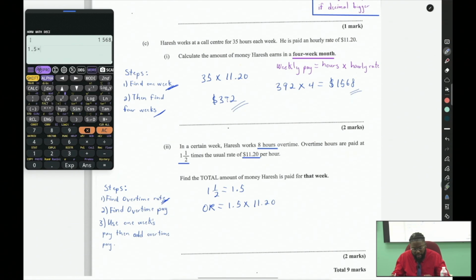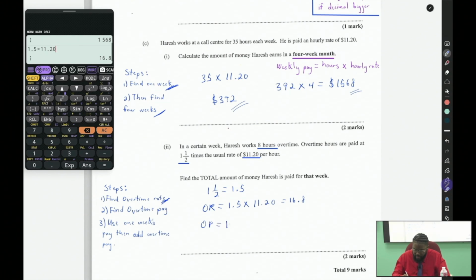So we'll put that in our calculators. 1.5 times 11.20, which gives us 16.8. All right. So next, we need to find the overtime pay, because remember, Haresh works 8 hours overtime. So then we're going to find the overtime pay, which I'm using OP.